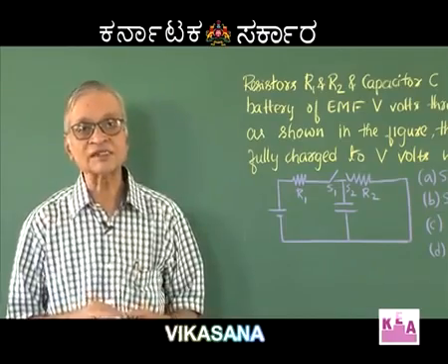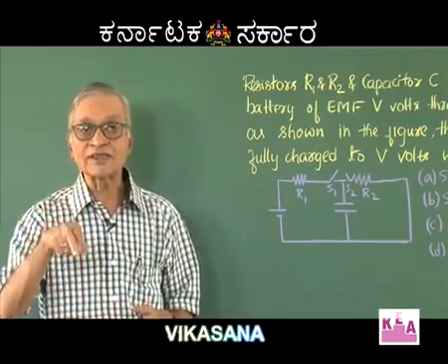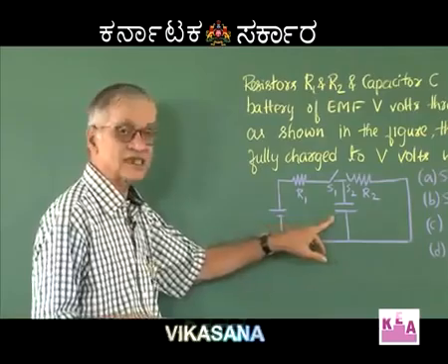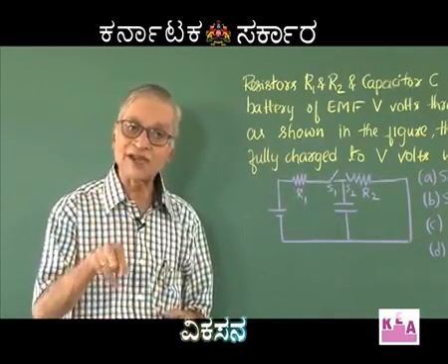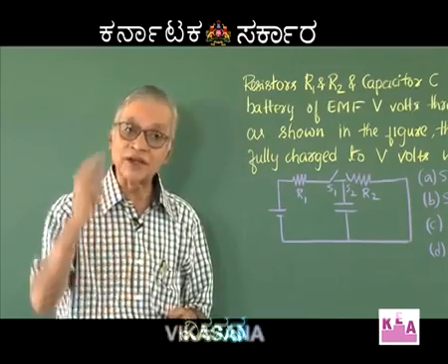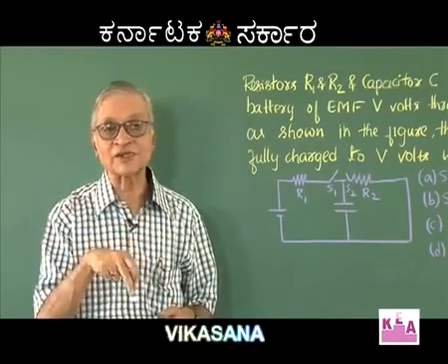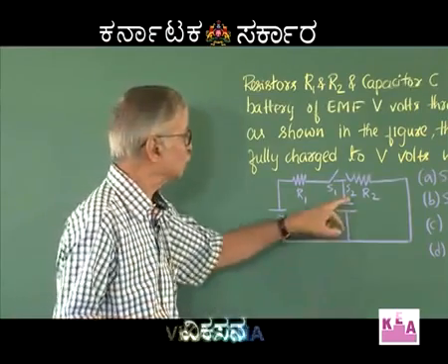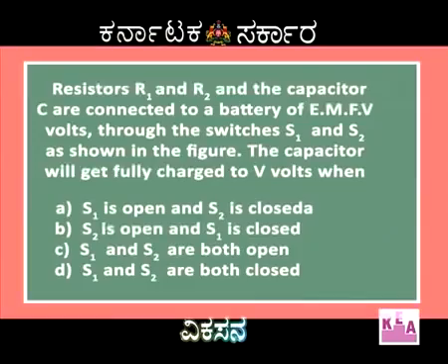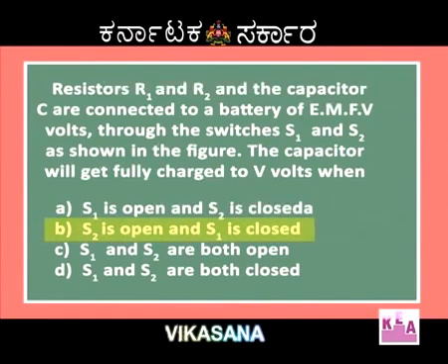On account of that reason, in order that the condenser is charged, S1 should be closed, and in order that the charge will be retained inside the capacitor and will not discharge through the resistor, S2 should be kept open. Therefore, the correct answer is option B, that is, S1 is closed and S2 is open.